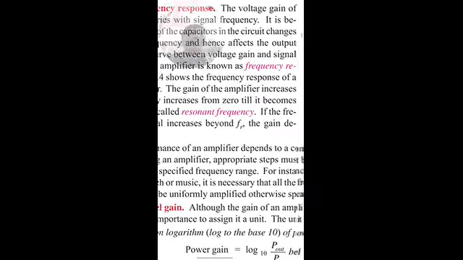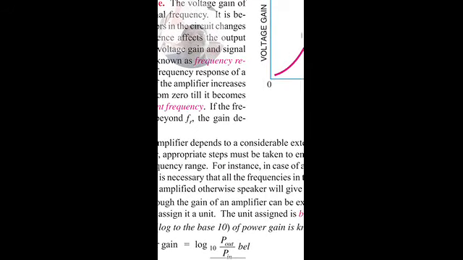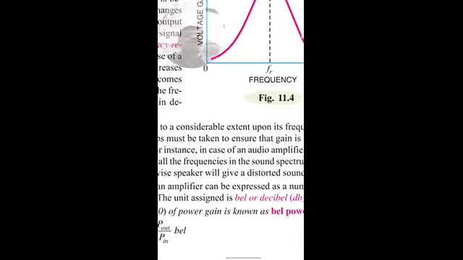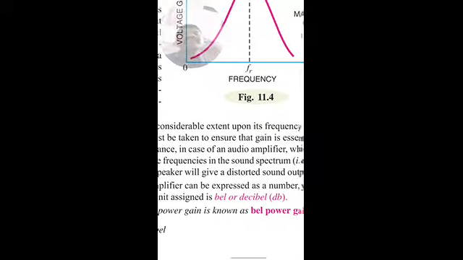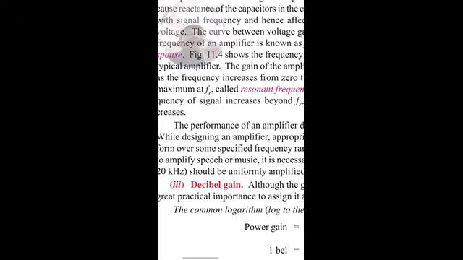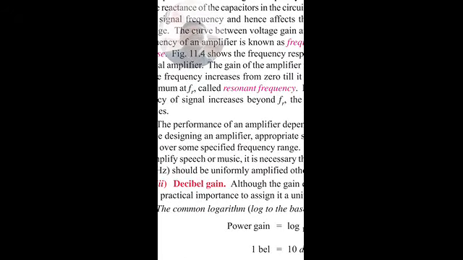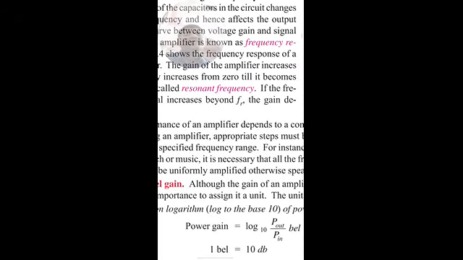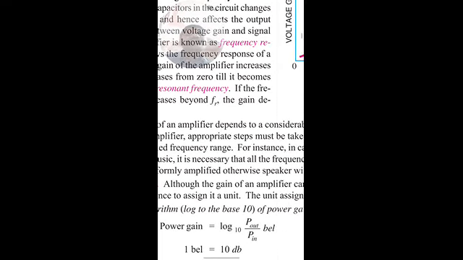While designing an amplifier, we should take appropriate steps to ensure that the gain is essentially uniform over the operating frequency range, because the gain is a function of frequency. So the gain should remain constant in the desired region of operation of the amplifier.